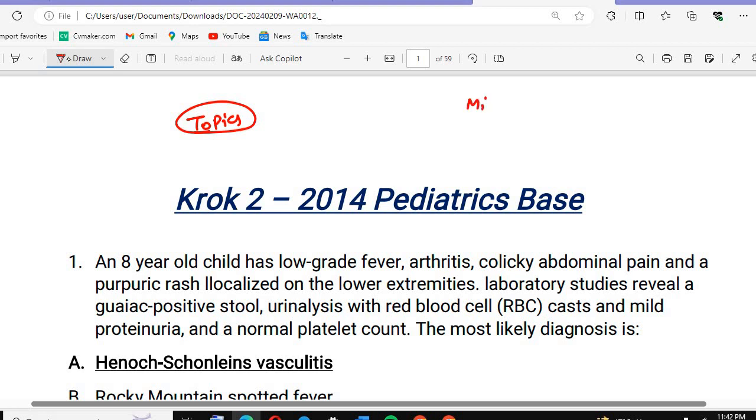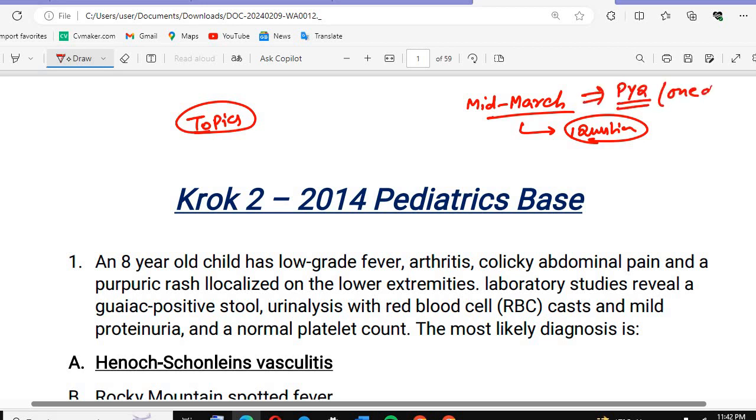I told you from the mid of March we will study one question paper from the starting, doing 10-15 questions, one day in a week. The previous year questions, one day in a week from mid-March.